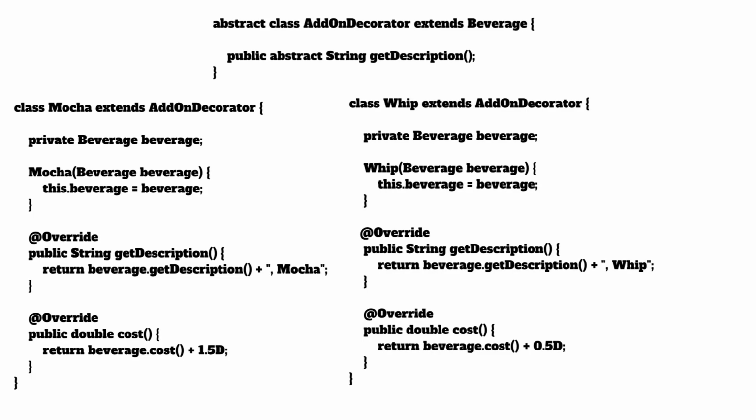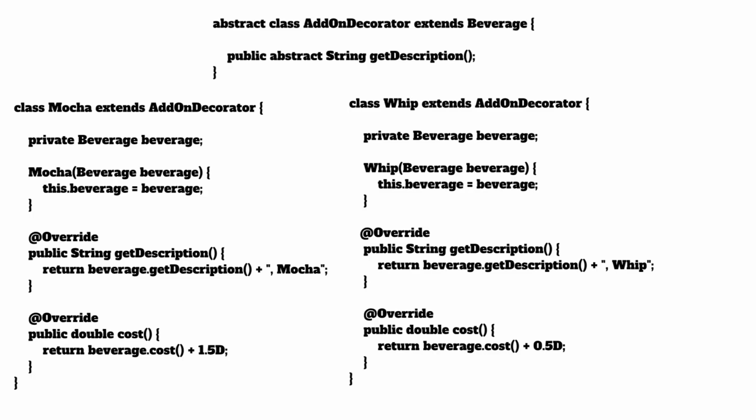So whenever you create any of the add-ons, for example, you create a mocha and you pass it a beverage object, it could be an original coffee object as well, it can be a dark roast coffee as well, or it could be a whip object which is wrapped around a dark roast coffee.